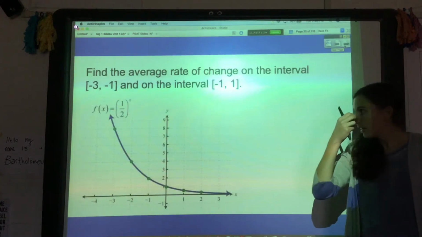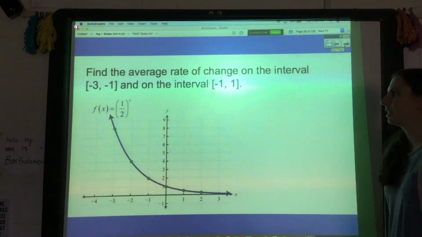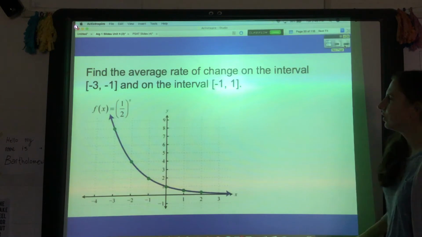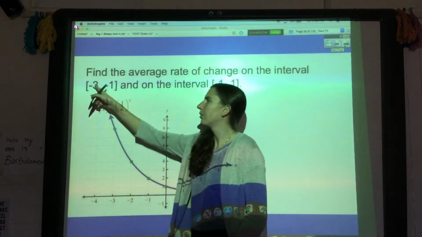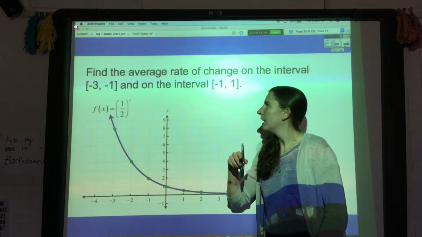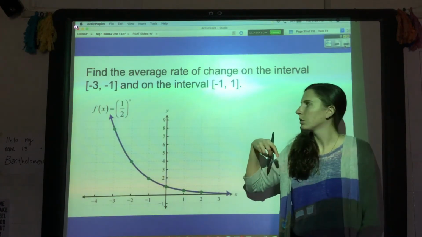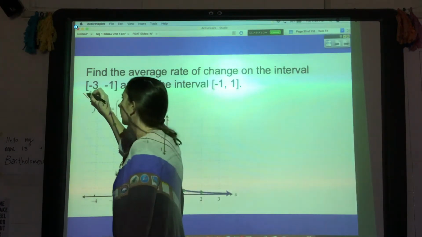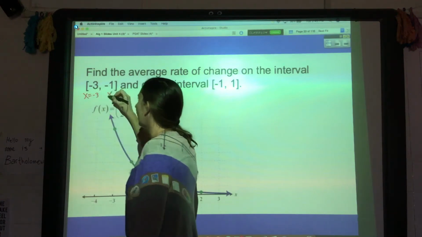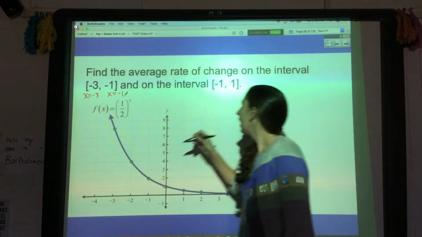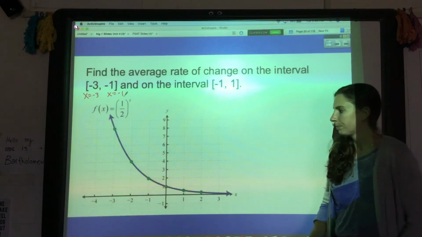Let's try it with another graph that's more exponential. Find the average rate of change on the interval -3 to -1, and then -1 to 1. Remember that these intervals are x values. So this goes from where x is -3 to where x is -1, and then this is from -1 to 1.